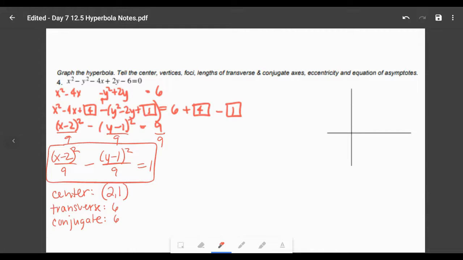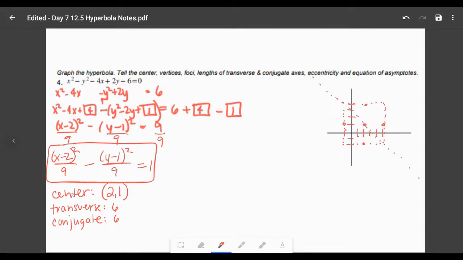We can start to draw this. We have (2, 1) as our center point, and then we need to go 3 units in each direction: left, right, up, and down. And that leads us to a square as opposed to a rectangle. We can also draw in our asymptotes.